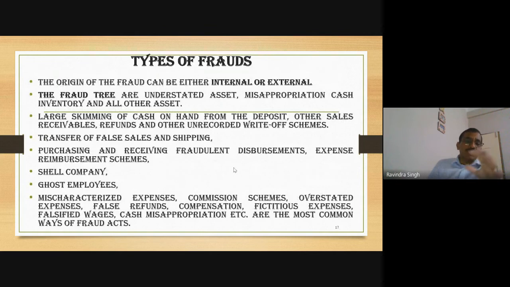Now, based on these practices, how the frauds are created, what are the types, that is the classification of frauds, categories of frauds.